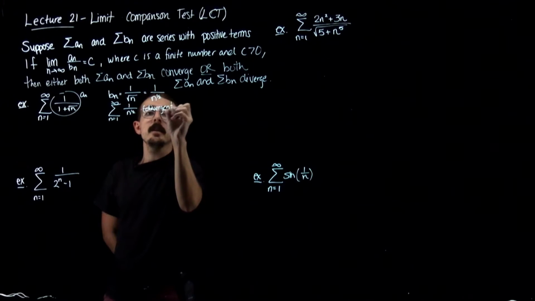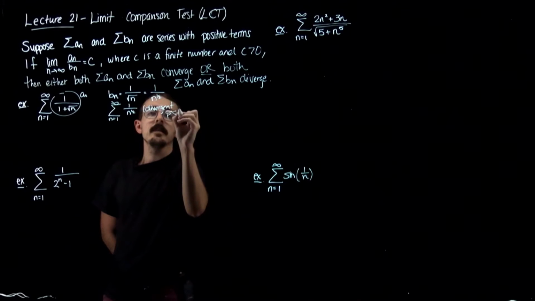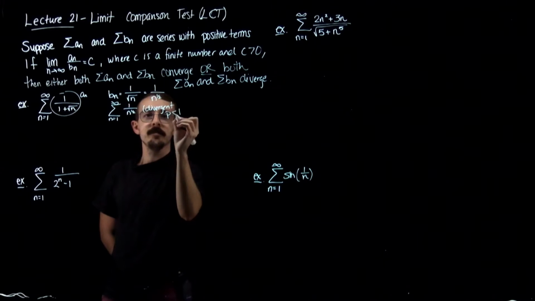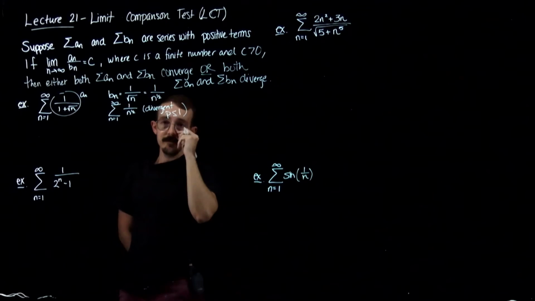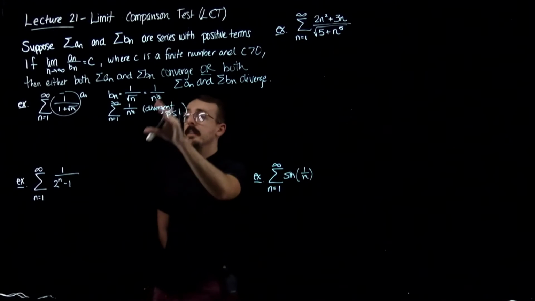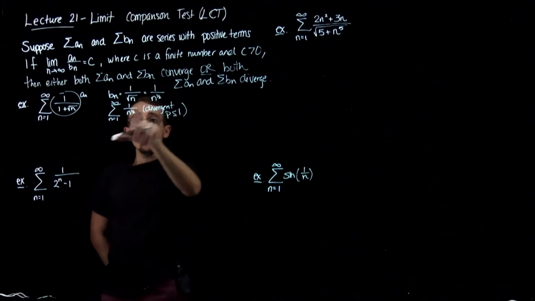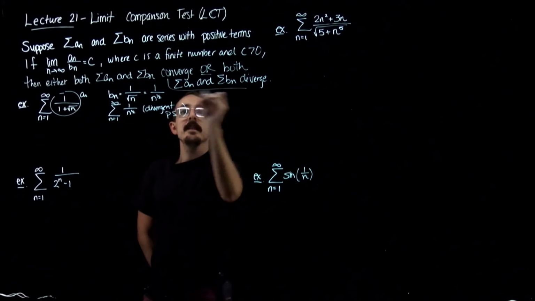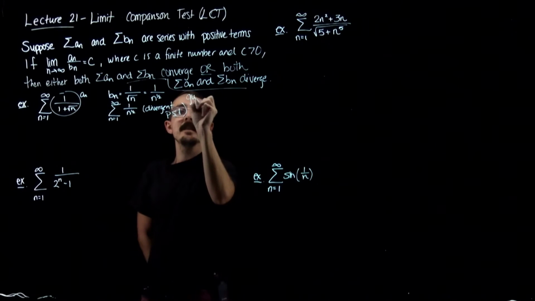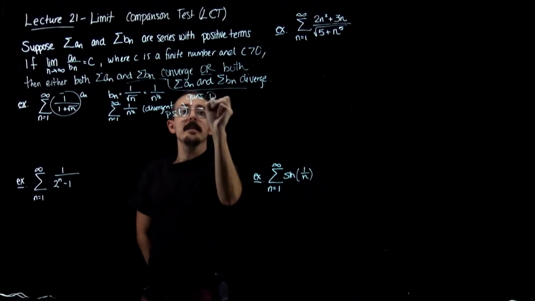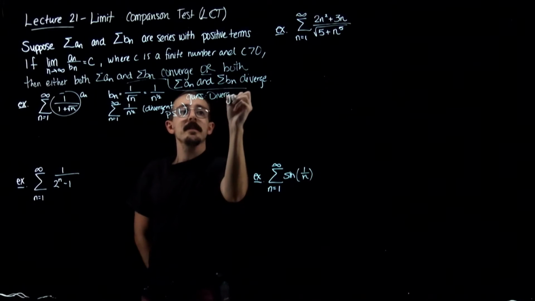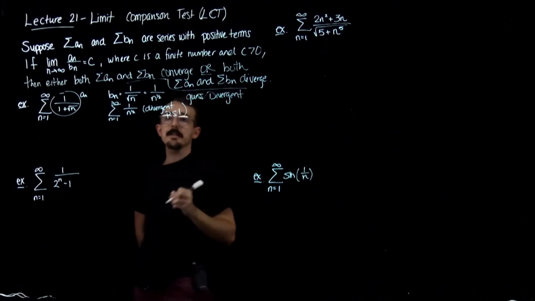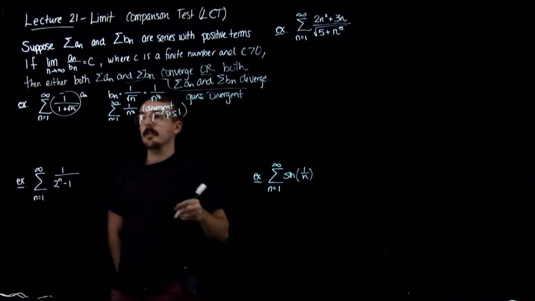It's divergent because p is less than or equal to 1. So the thing I've chosen is a divergent thing. So my guess is that the thing I've started with is also going to be divergent, because the thing I picked is divergent.